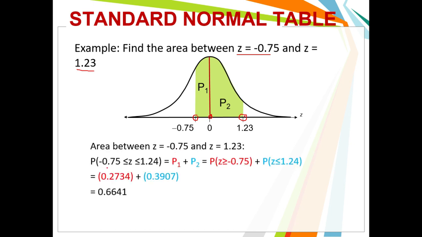Ang P1, yung ating red, is equivalent sa area na greater than negative 0.75. Ang P2 naman, the blue one, is equivalent to the area ng z less than 1.23. Looking sa ating tabular values, yung area from 0 to negative 0.75 is 0.2734. Ang area naman from 0 to 1.23 is 0.3907. So the total for the two is 0.6641.